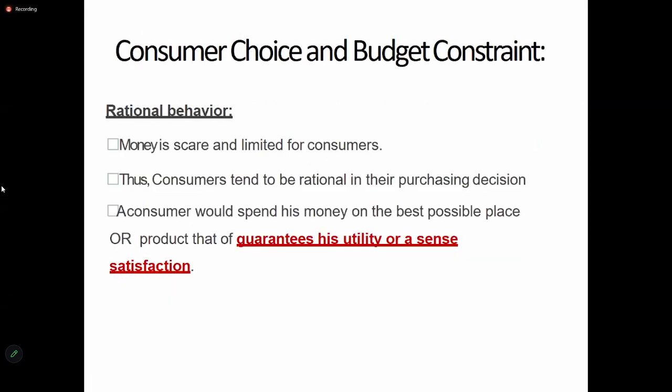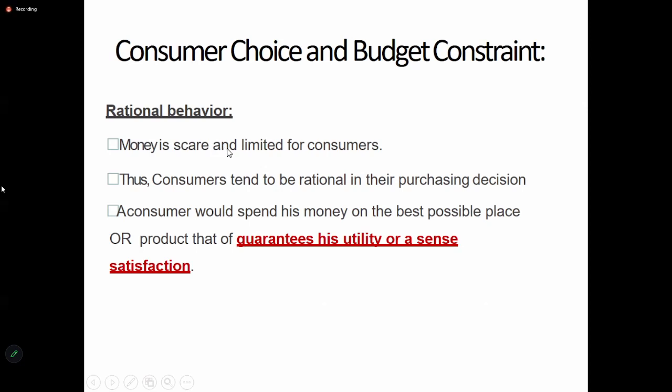Now we will see the behavior of the consumer. You may have heard the word rational behavior. Rational behavior means money is a limited factor for consumers. Not everyone has enough money, so that is a scarce and limited factor.